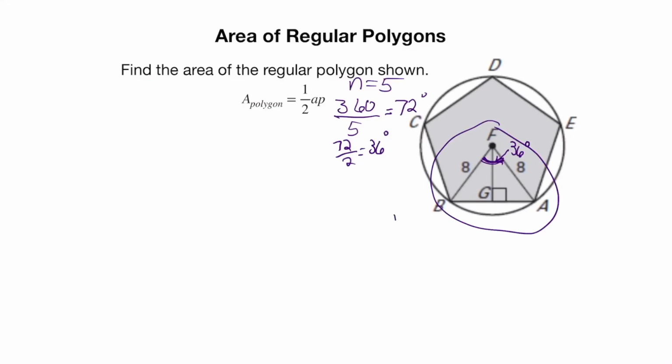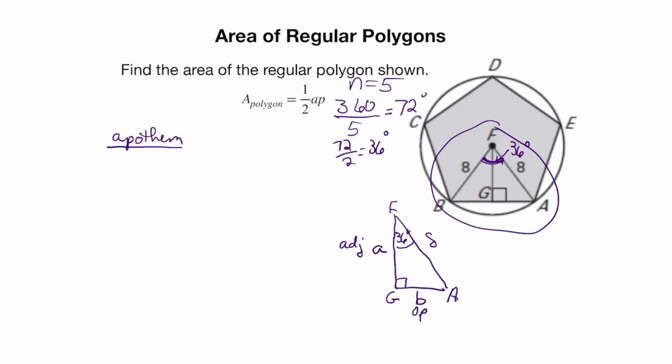So if I make this just a little bit bigger, here's my F, G, and A. That's 8, and there's my right angle. This is 36 degrees. So I need to find the apothem. I'll call that one A, and I also need to find this half side, which I will call B. So let's find the apothem. If this is my angle, this will be the adjacent.